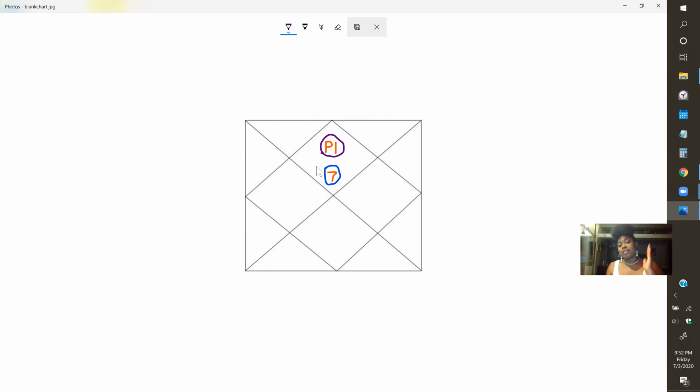So if there is a planet in the house, the planet is going to express itself before the sign does. It's a layer, and the planet is going to be expressed more.